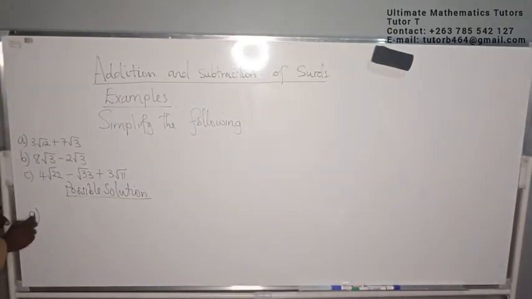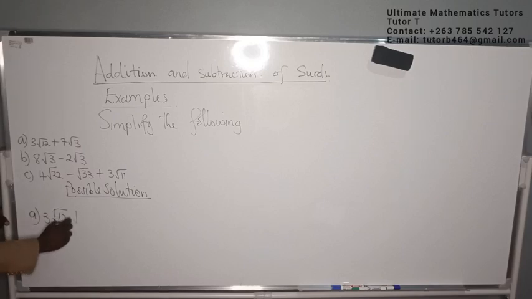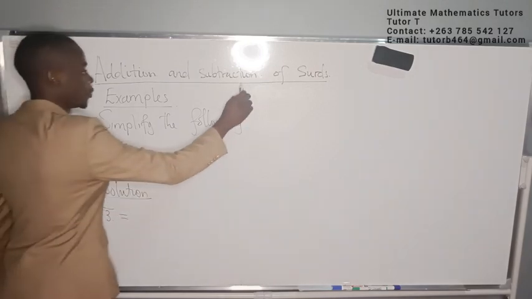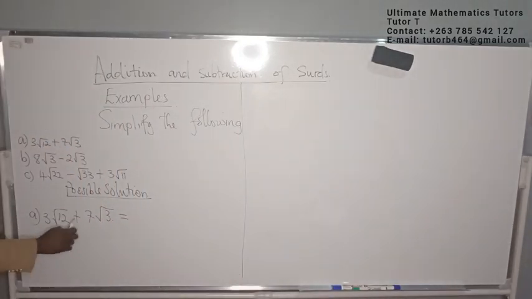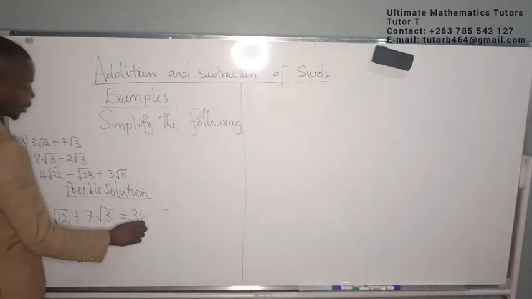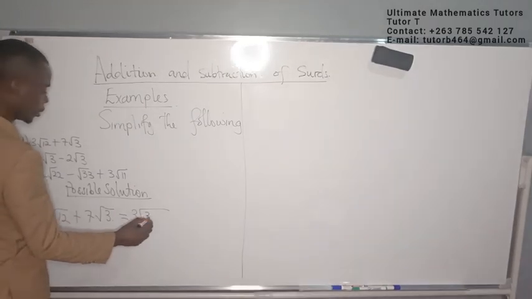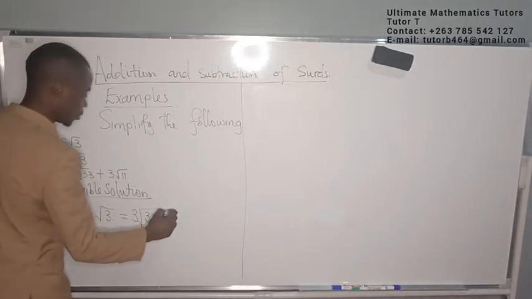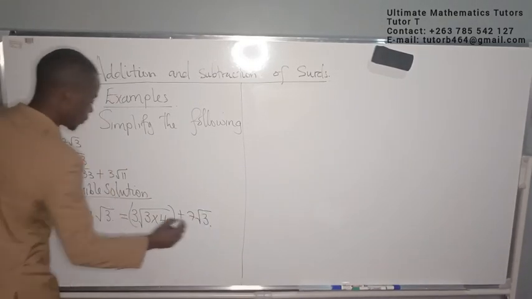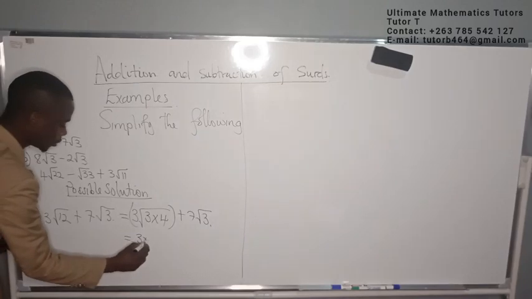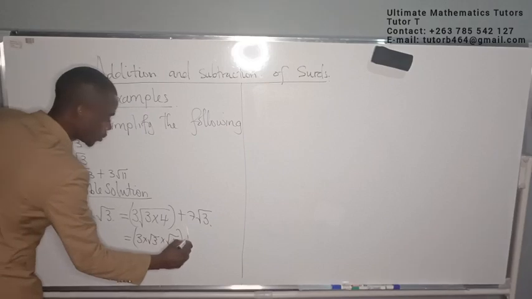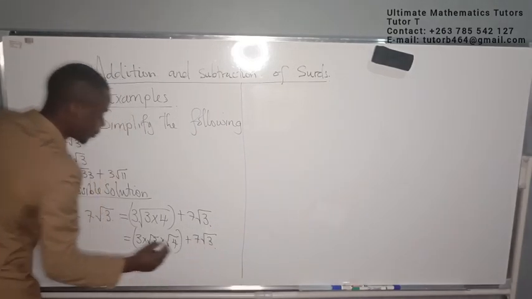Right, part A, 3 root of 12 plus 7 root of 3. The first thing that you need to do here, make sure that you find the products of 12. For instance, here we've got 3 times root of 4, then put it in the same bracket, plus 7 root of 3. This is the same as 3 times root of 3 times root of 4 plus 7 root of 3.